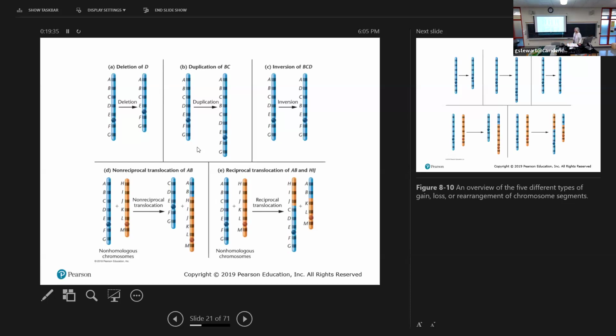In an inversion, which is the last example up here, I'm going to title it number 3. This again is just like what you expect. It's when a piece of the chromosome has flipped and inverted 180 degrees.